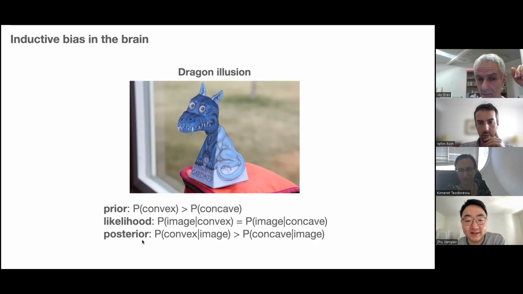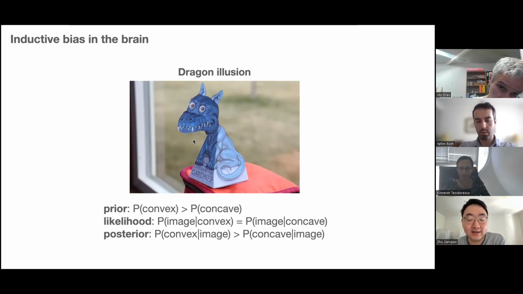So our perception, which relies on this posterior, will be mostly influenced by our inductive bias, which in this case will just give us a convex face perception.